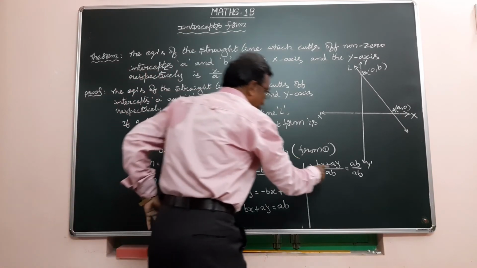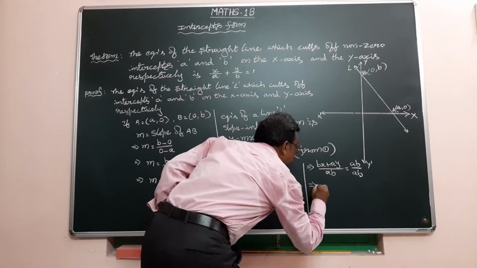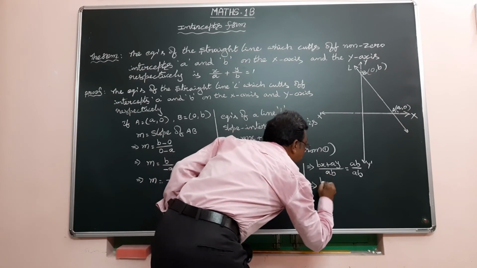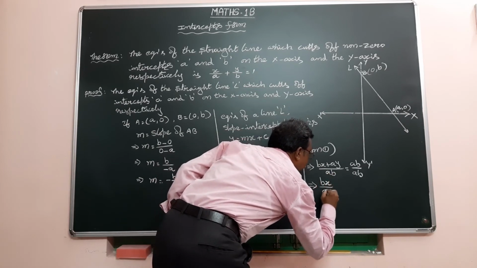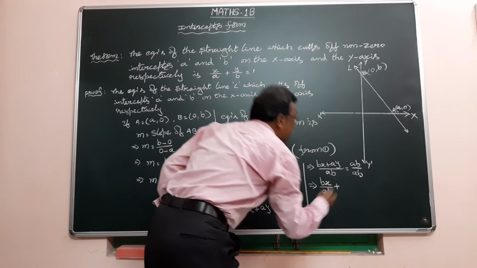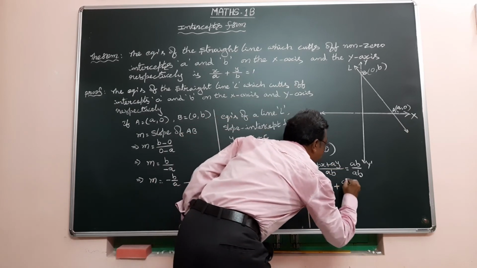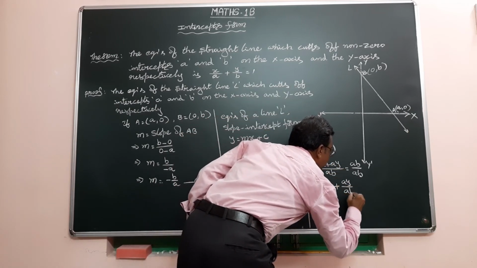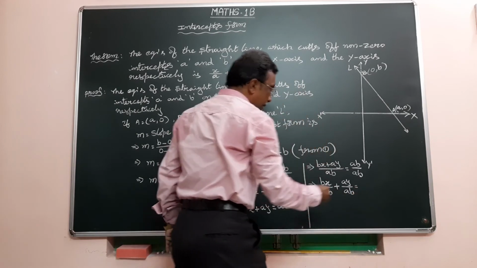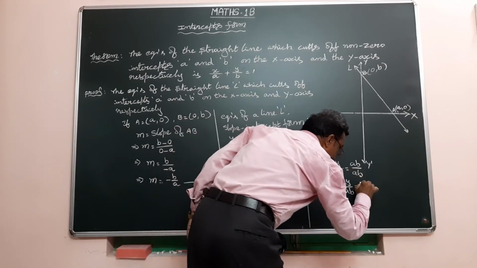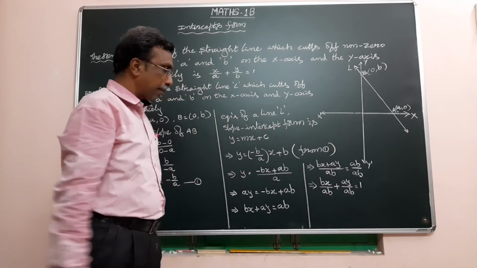Now write this one separately: bx by ab plus ay by ab equal to ab cancelled one time equal to 1.